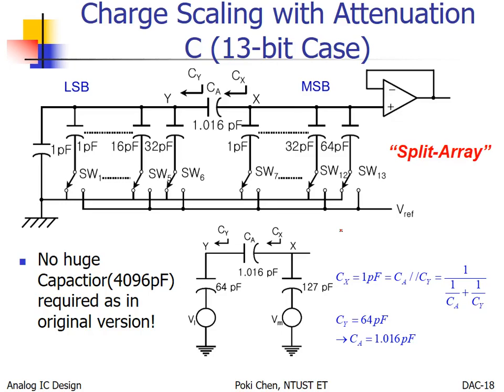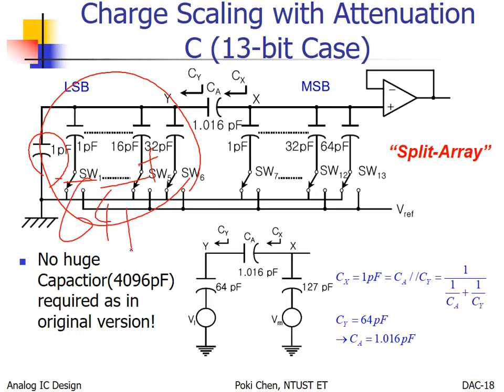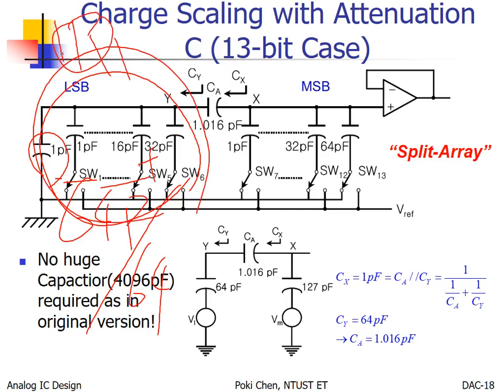Anyway, totally, how much capacitance is here? You still have one dummy capacitor here, right? So 1 plus 1 all the way to plus 32. What do you get? 64P, divided by 64. Congratulations. Equivalently, you have 1 picofarad, just like this.